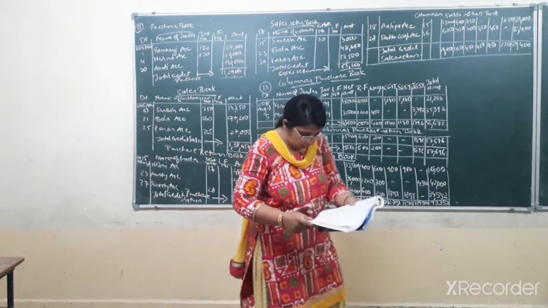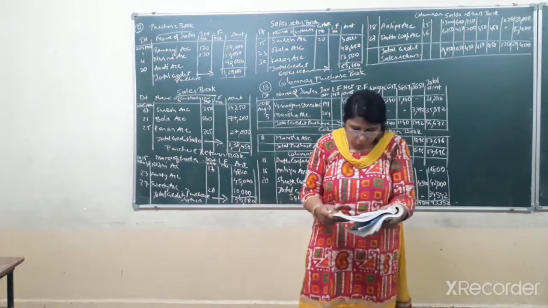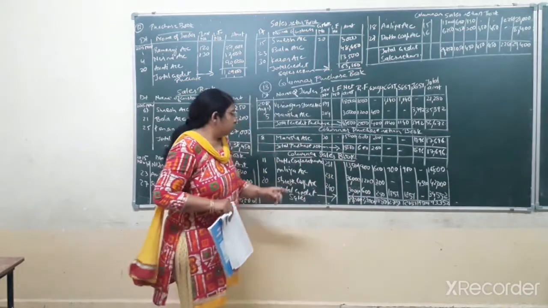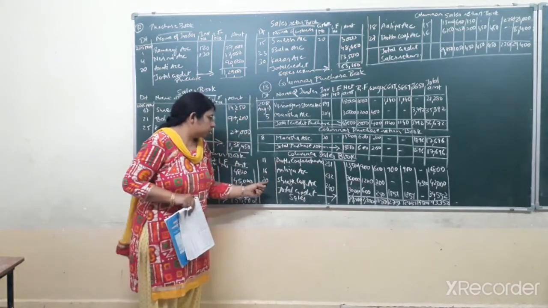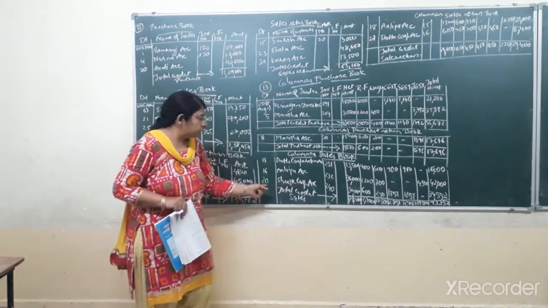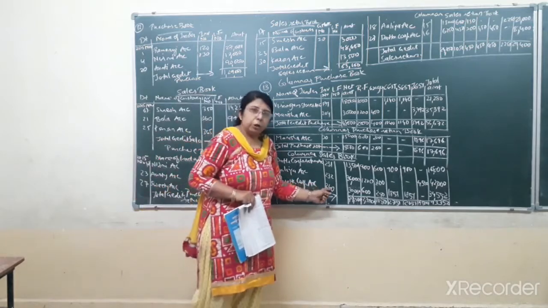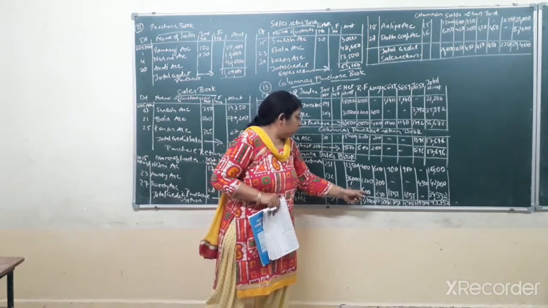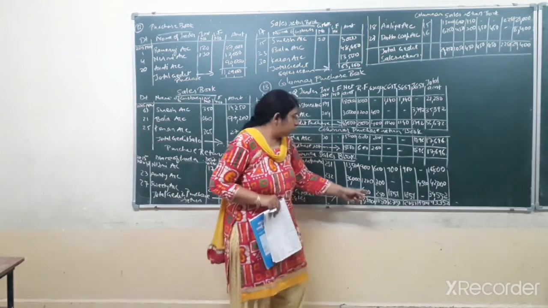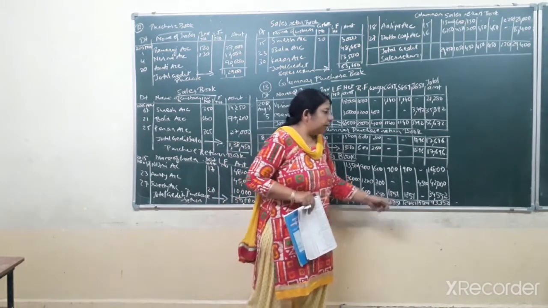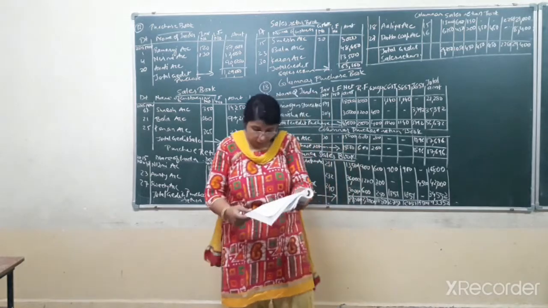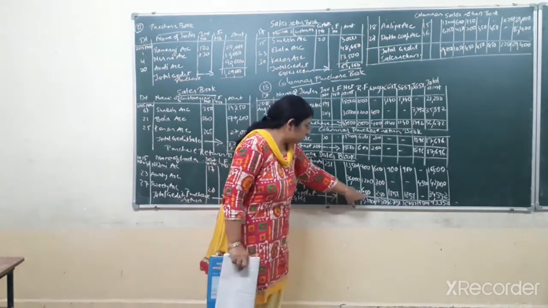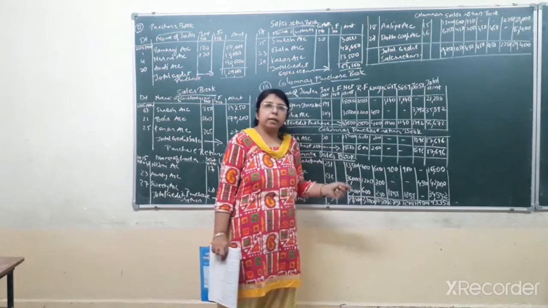Next, it is 20th date, goods of 30,000 sold to Shresth Corporation. Here it is a transaction of the sales book. In the columnar sales book, I have written Shresth Corporation, date 20th, bill number 240 that is given to you. We have sold goods of rupees 30,000, railway freight 600, wages 250, and the total of these three values is 30,850.